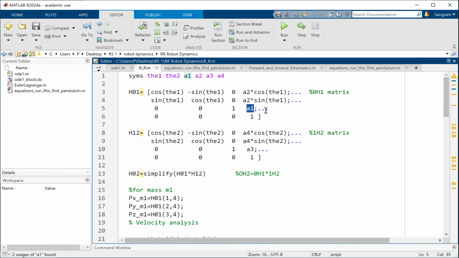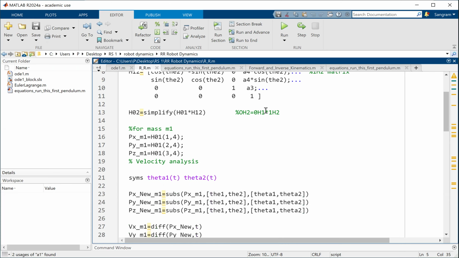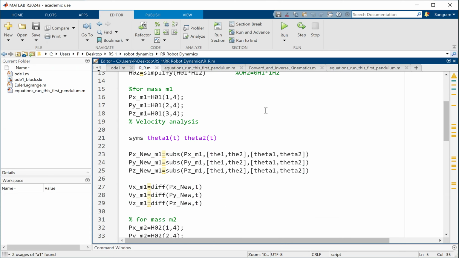Next thing is I want to do the velocity analysis. Now please understand, and this is the trick. When you are doing the velocity analysis, you need to specify that the variable theta 1, variable theta 2 are dependent on time.